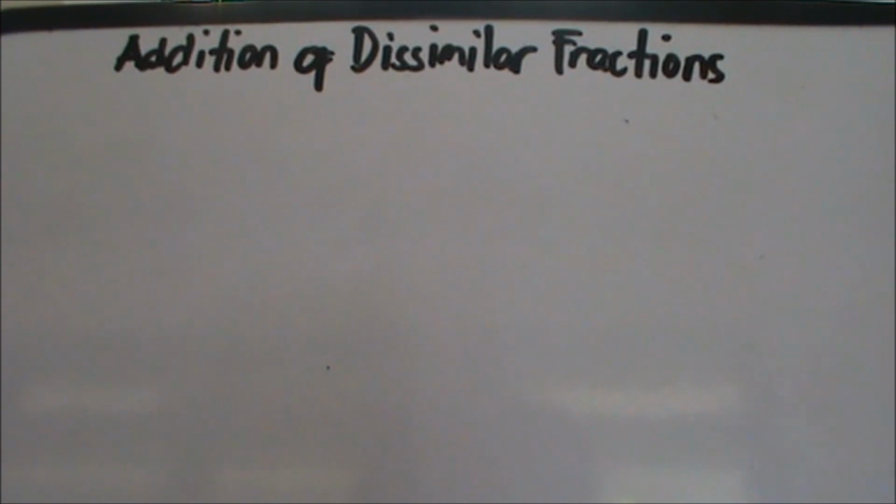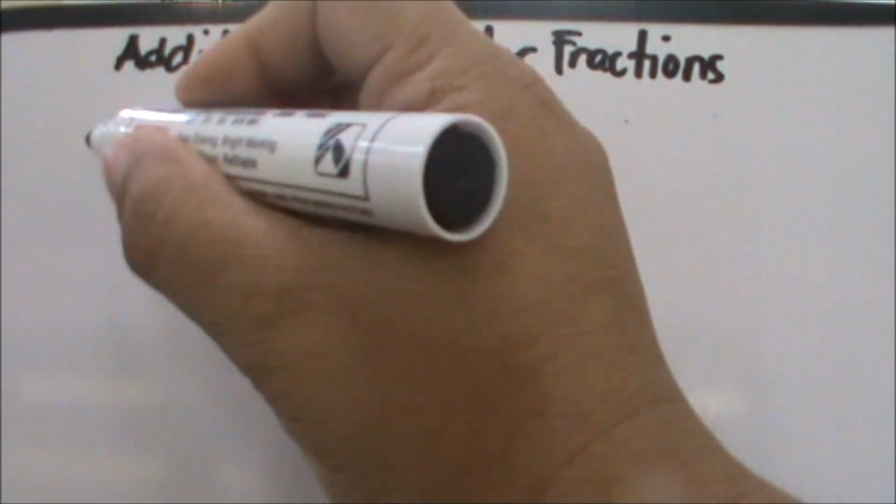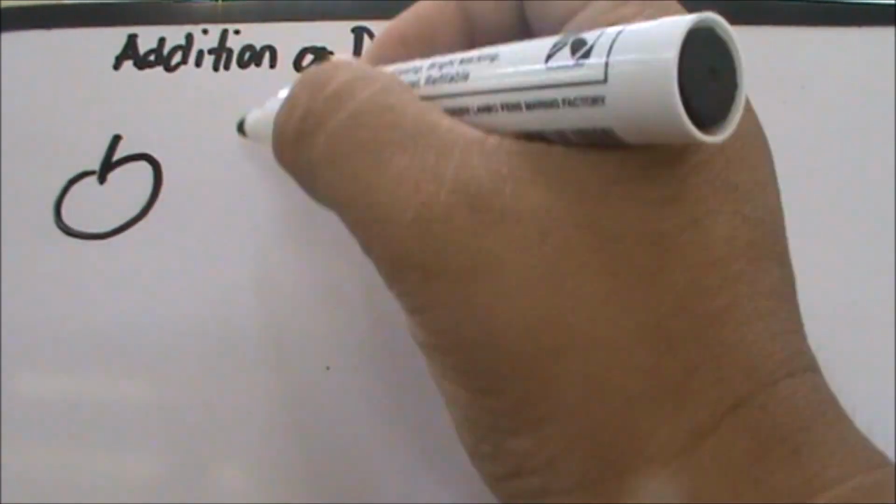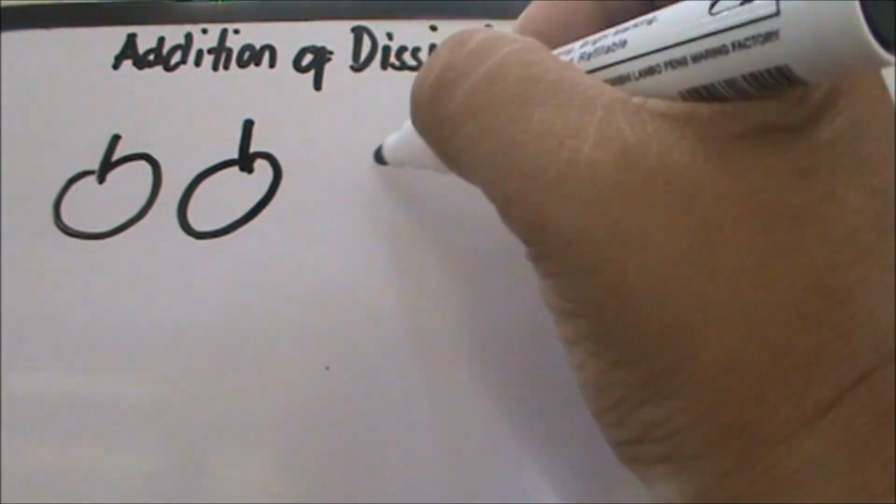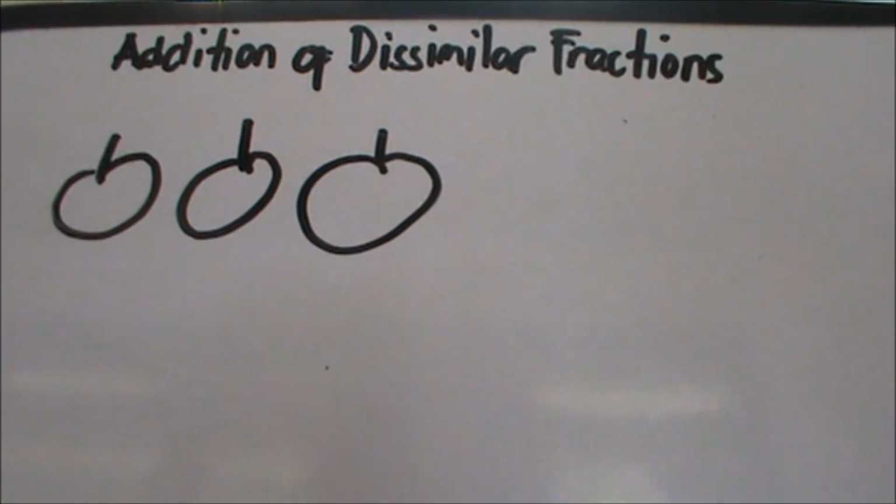Dissimilar quantities cannot be added. Example, 3 apples and 3 oranges.